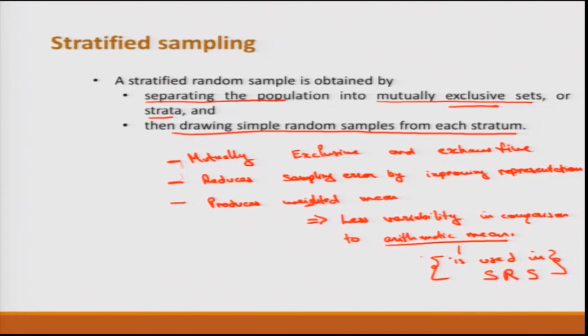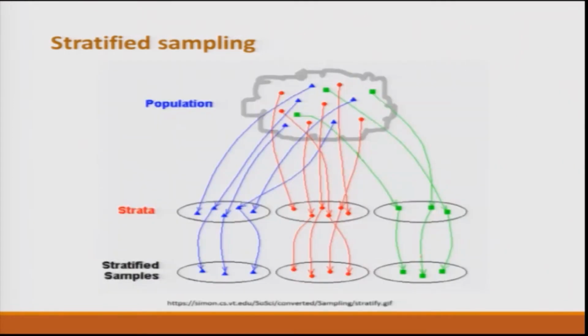We select the sample in a systematic way here. We divide the population into segments. Those segments are known as strata. Then we select the samples from each strata, and in each strata simple random sampling is conducted. This is an example here.